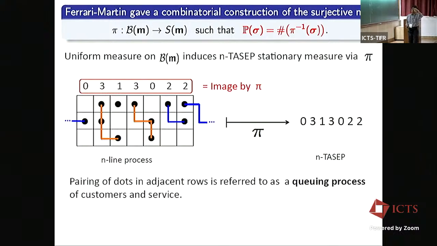So the pairing of dots in adjacent rows is referred to as a queuing process of customers and service. The rule is as follows. How do we find the partner of the connection, the pairing? You start from any dot, and its partner is the closest one just above or to the right. So here, like this.